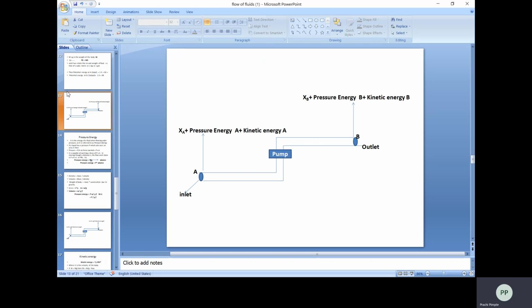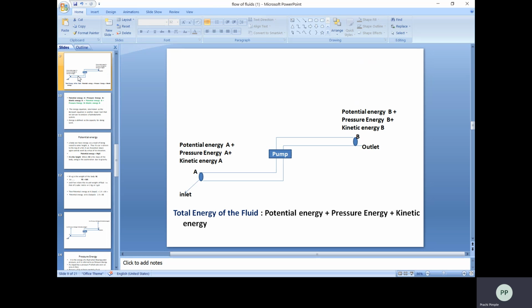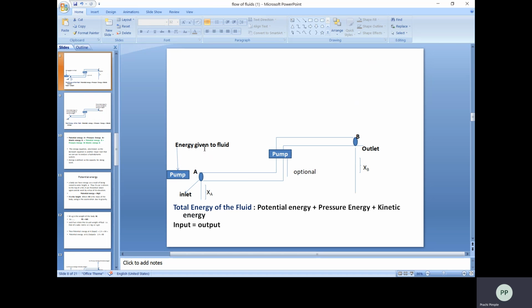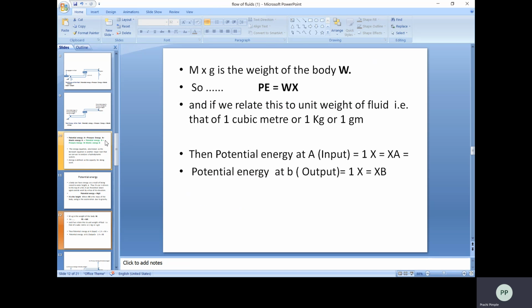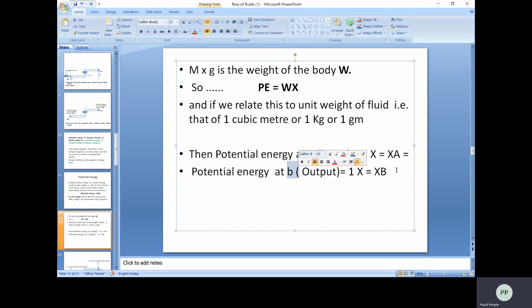Here we have said our inlet is at height XA from the floor and our outlet is at height XB from the floor. So when we write the potential energy at A, it is nothing but XA, because we have considered it for a unit weight of fluid, and potential energy at B is nothing but XB, that is the height of the outlet from the floor.